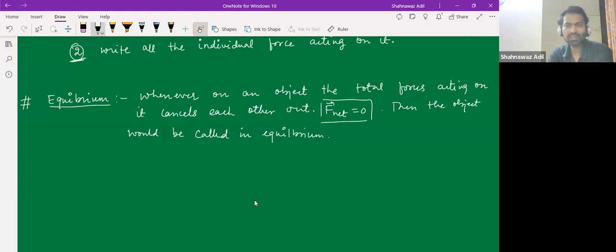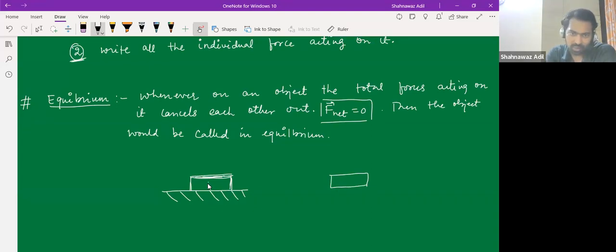For example, let us take this example. We have a book which is kept on the table. So this is the surface of the table, and some book is kept. If we draw the free body diagram of this book, how many forces are acting on this book?